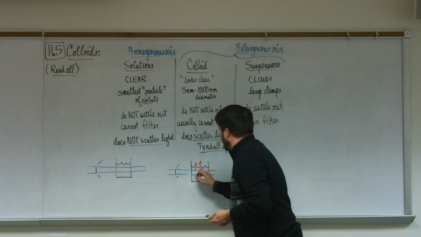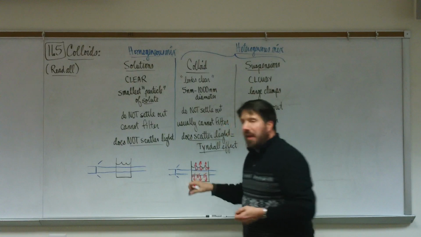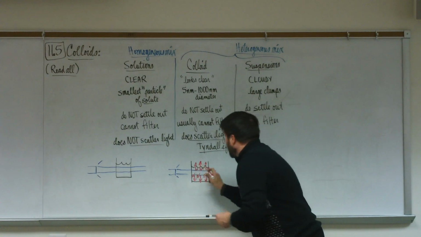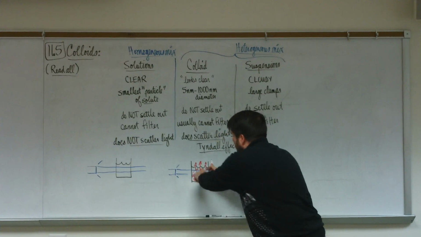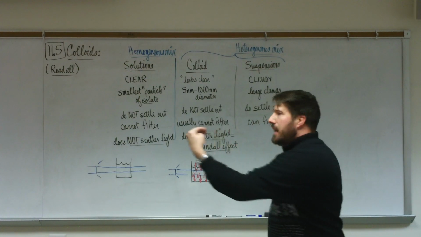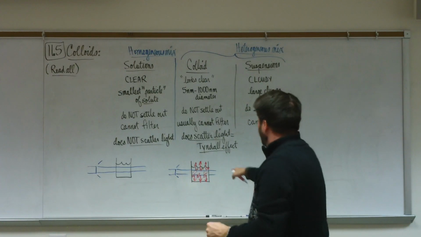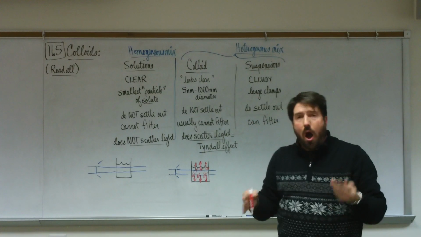It will be scattered all along the way. Since it is being scattered perpendicular to the direction it was traveling, you will see this part hitting your eye, which is out here. So when you can see a beam of light, even when the beam is not pointed at your eye, that is showing you that there is a colloid.